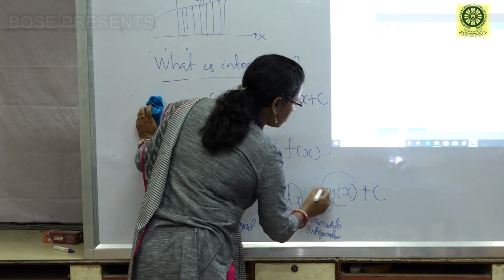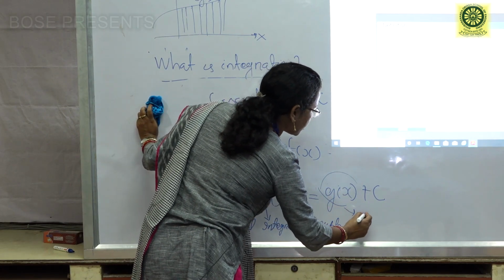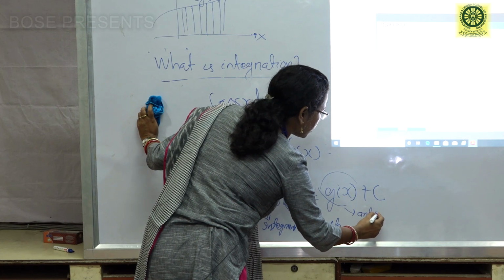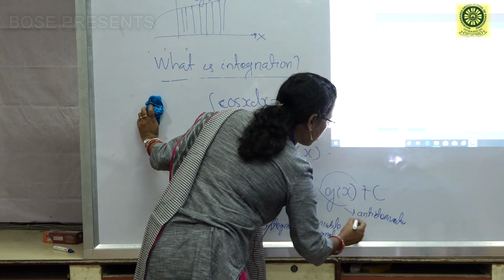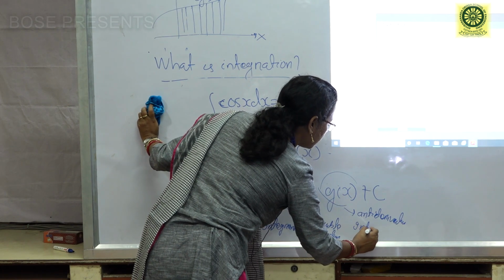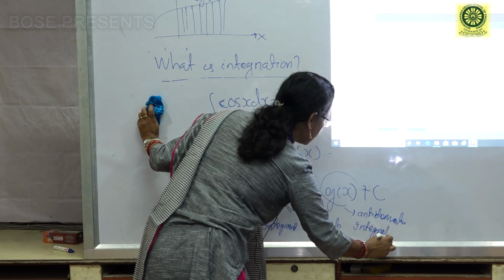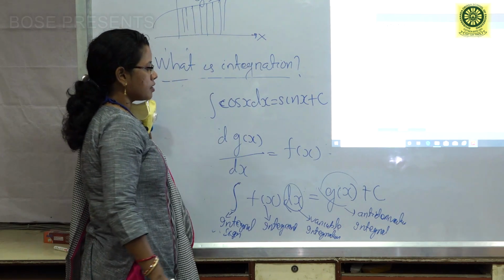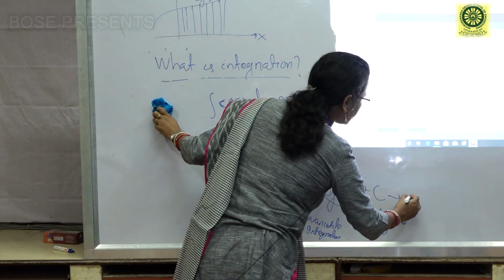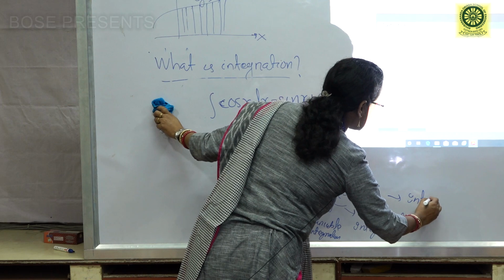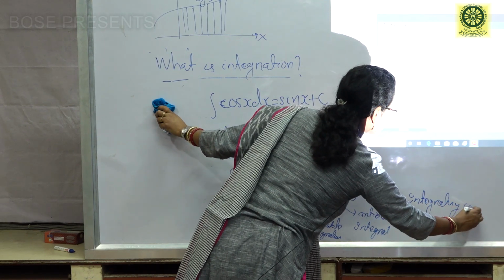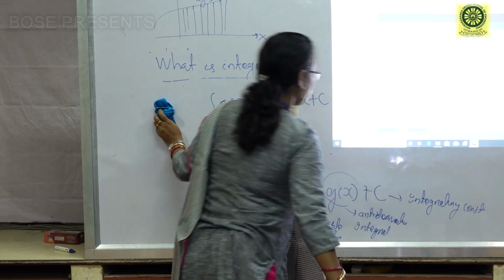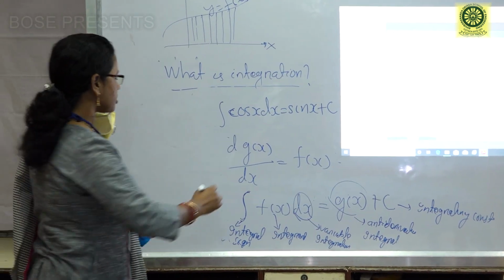And this is called the antiderivative or integral of f(x). And c is the integrating constant.